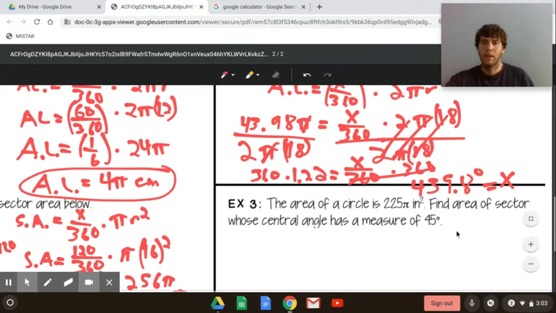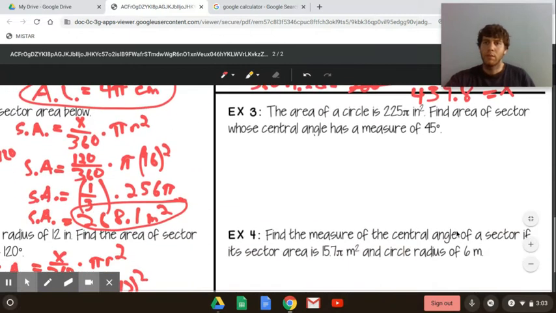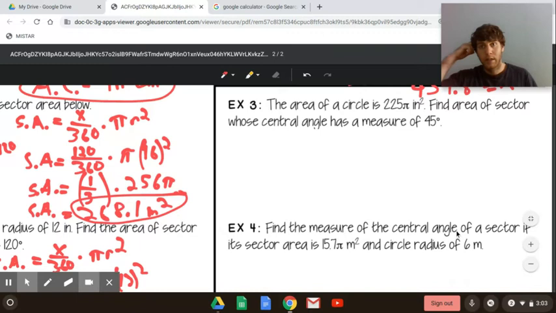Okay. And then we can do the same thing we did before, where they give us the sector area. Well, actually, this one they're asking us to still find the sector area. So we have the area of a circle is 225 pi inches squared. Find the area of a sector whose central angle is 45.